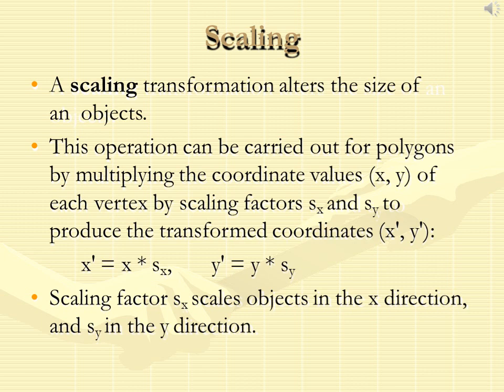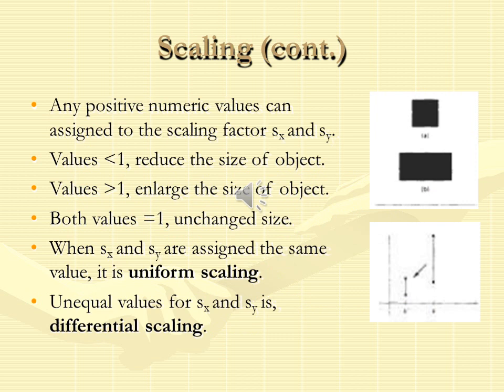So P dash is equal to P into S. Any positive numeric values can be assigned to the scaling factors sx and sy. Values less than 1 reduce the size of the object, and values greater than 1 enlarge the size of the object. If both values are equal to 1, then the size is unchanged. When sx and sy are assigned the same value, it is uniform scaling. Unequal values for sx and sy give differential scaling.